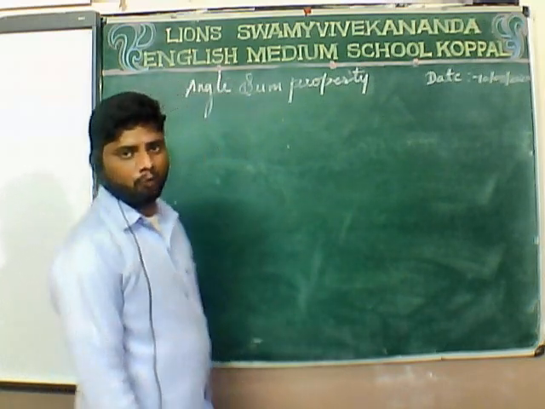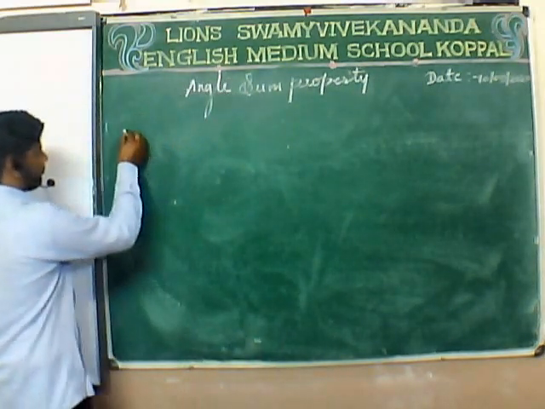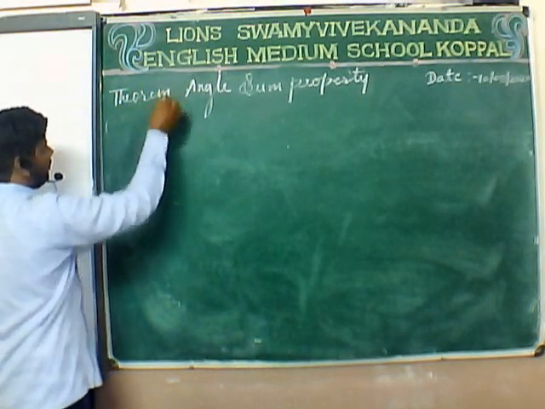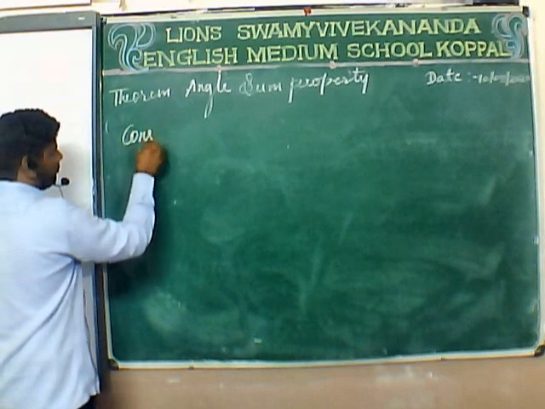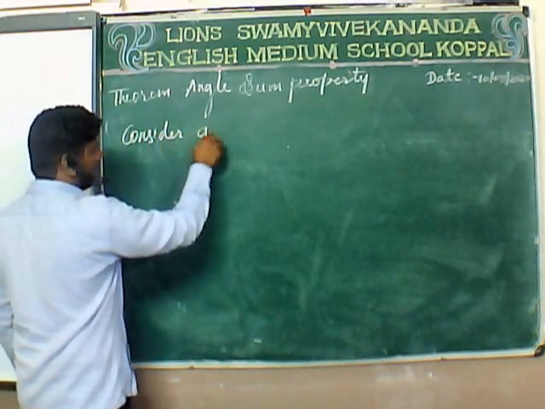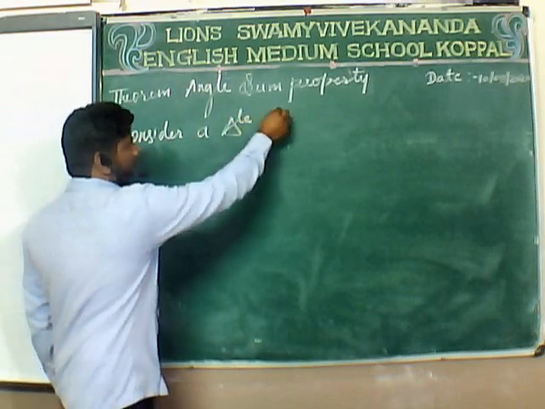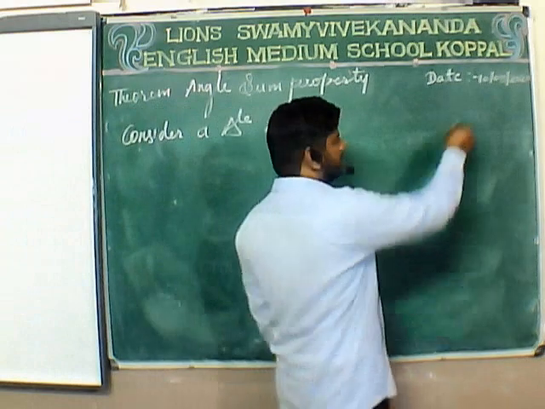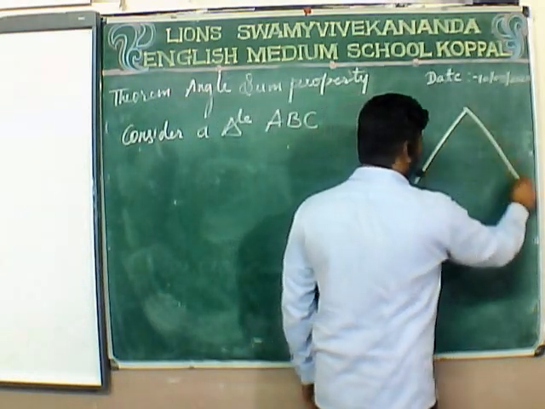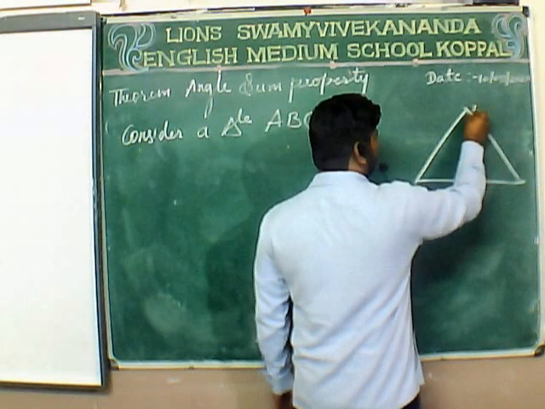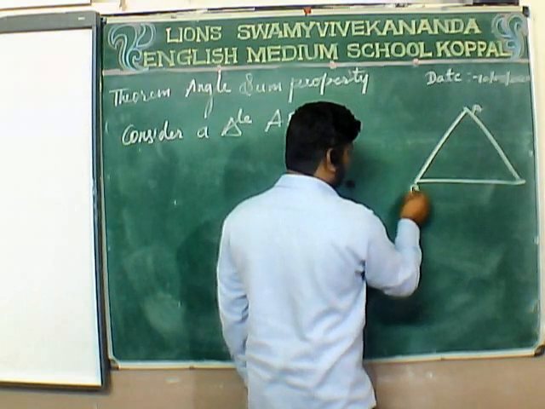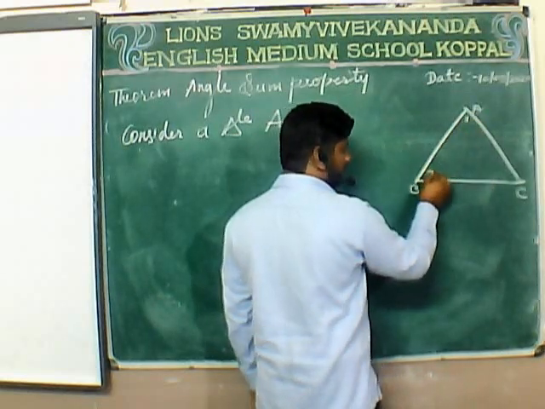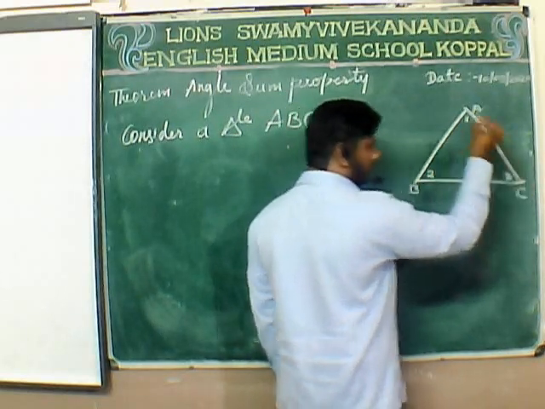A triangle is required. So let us consider a triangle A B C. Let us name this as angle 1 and this as angle 2 and this as angle 3.